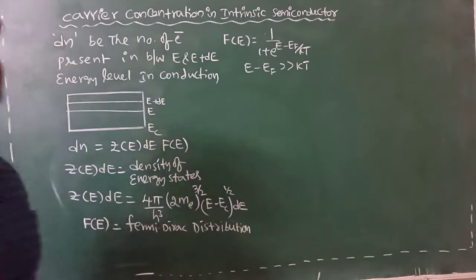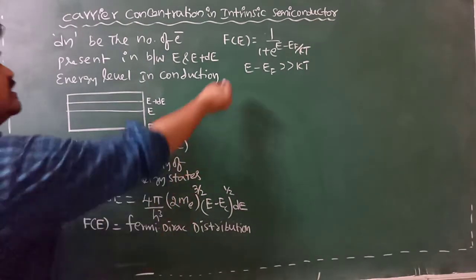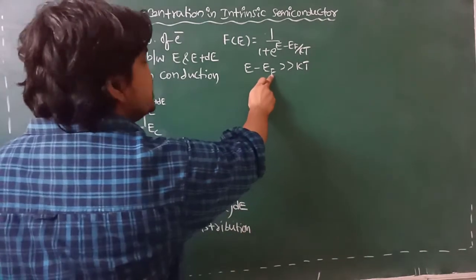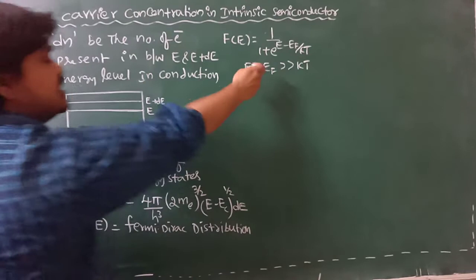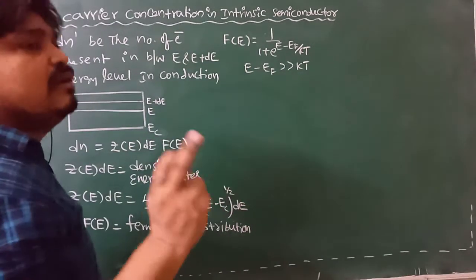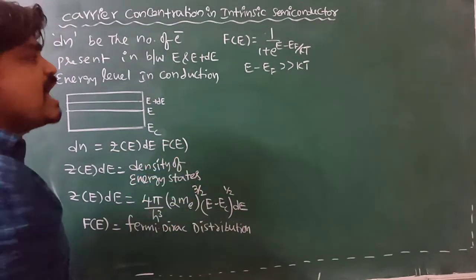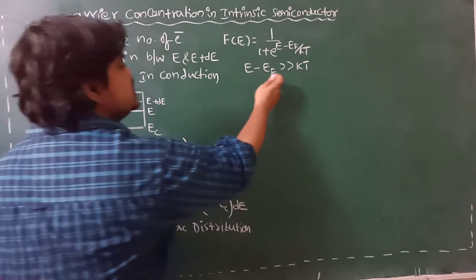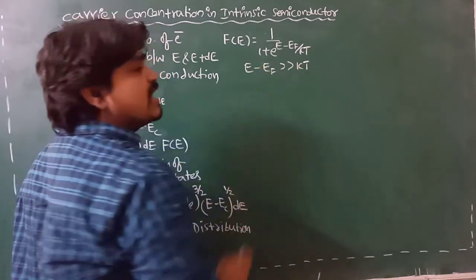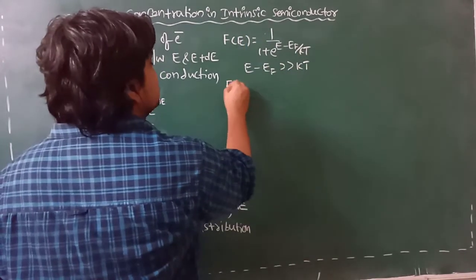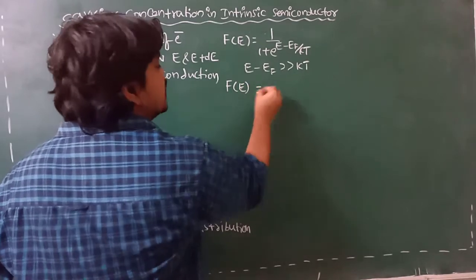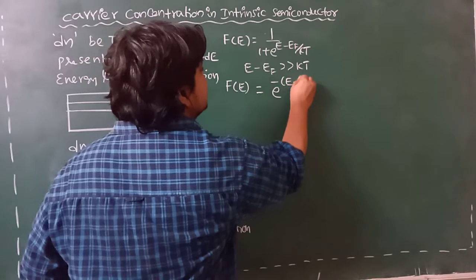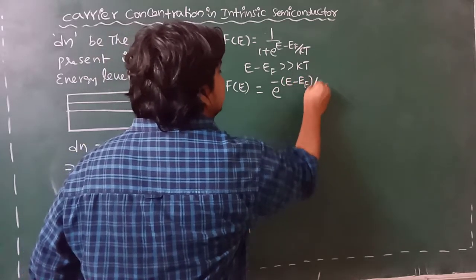E is an energy level in the conduction band, and EF is the Fermi energy level, which lies at the middle of the energy gap between the conduction band and valency band. That's why E minus EF is greater than the thermal energy. Hence the Fermi-Dirac distribution function can be written as e power minus (E minus EF) by kT.